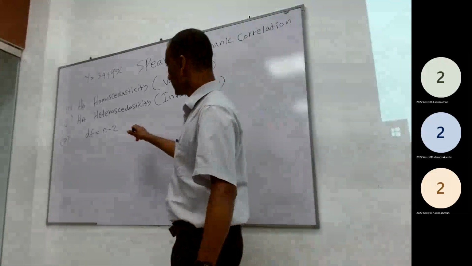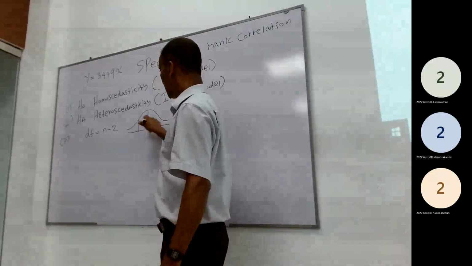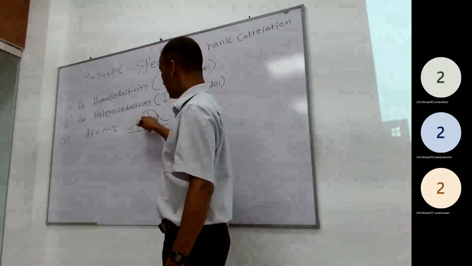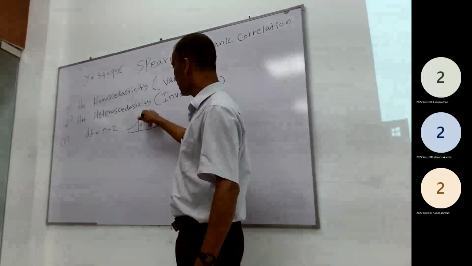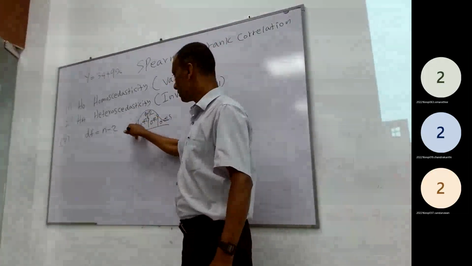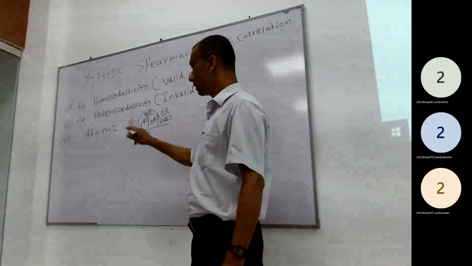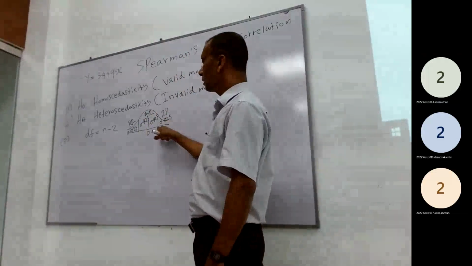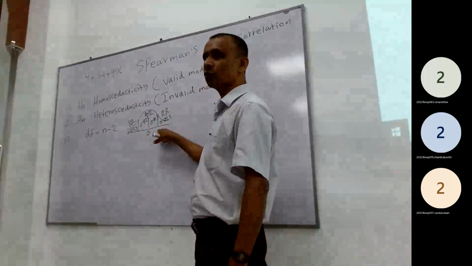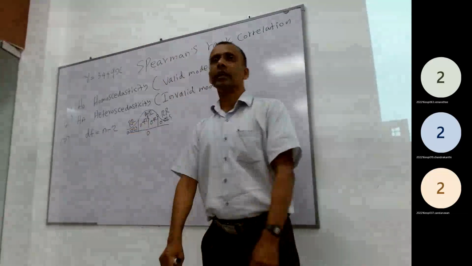Because you know how to take the acceptance and rejection regions, you are familiar. 95% means 0.475 acceptance region, and 0.025 rejection region on each side. You can take the value from the T table or Z table. For the Z table with a large sample, it is 1.96, you are familiar. For other cases, you see the T table with n minus 2.